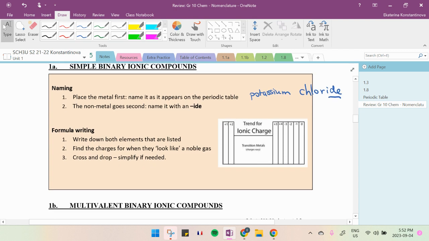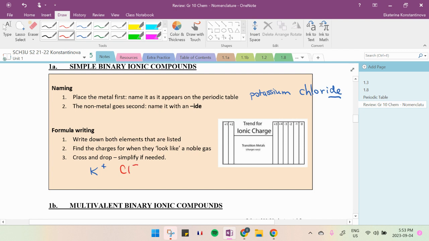When you're writing your formula, first write down both elements that are listed. So for potassium chloride, I have potassium, which is K. The charge is 1 plus. And then I have chlorine. Chlorine is Cl on the periodic table, the charge of 1 minus.